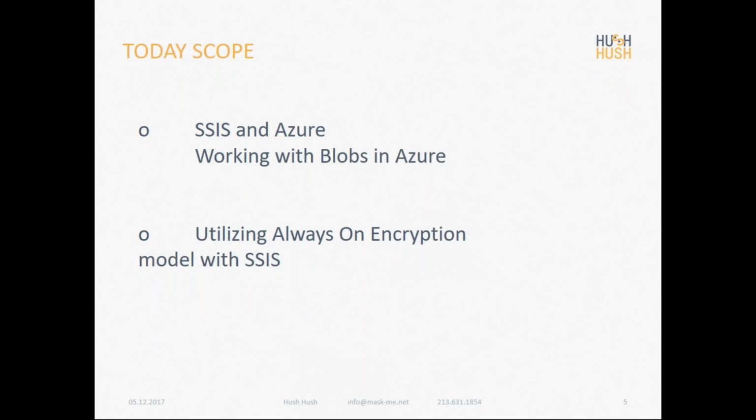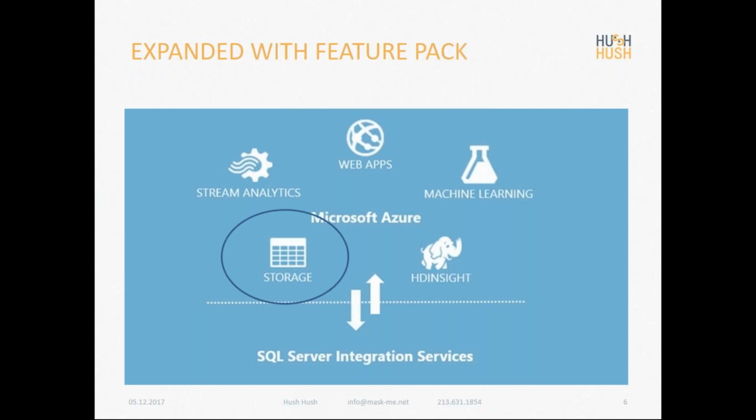Also, for always-on encryption utilization, I will show you how to set up always-on encryption, and then I will show you how SSIS can access data in an encrypted or non-encrypted way. I will basically explain the architecture of SSIS as an always-on encryption client.